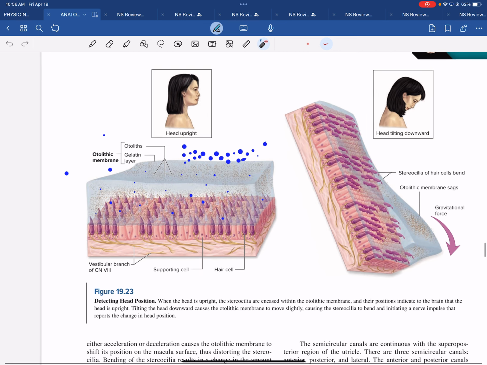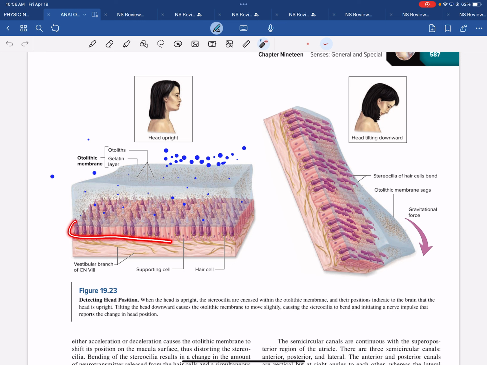It's the same thing basically, right? It's a bunch of sensory cells and supporting cells, and then some gel sitting on top of that, and the sensory cells have the stereocilia sticking up into the gel. So the structure of the utricle and the saccule is the same as the ampulla.